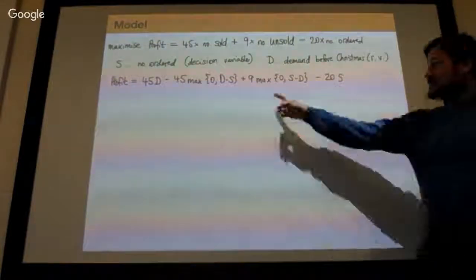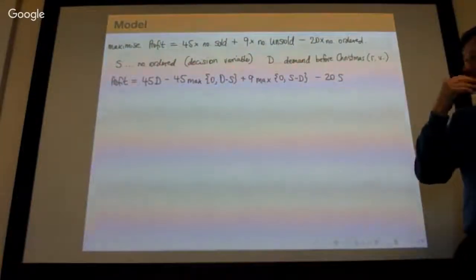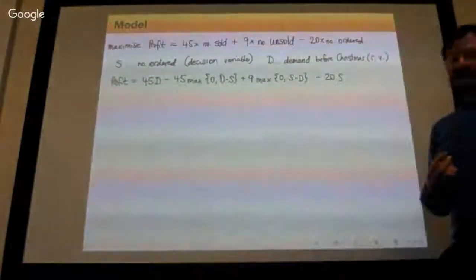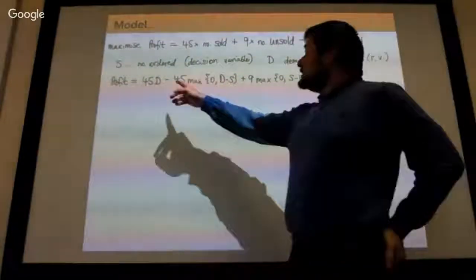So that's this method. This is a bit trickier. This is expressed like this for a nasty reason. So this is supposed to be 45 times the number sold.